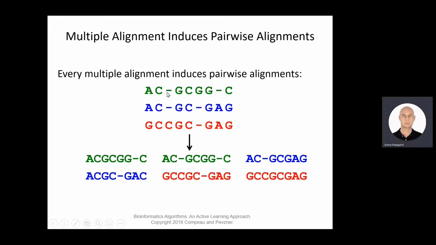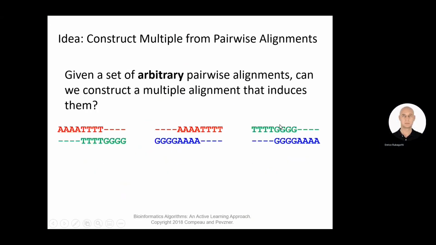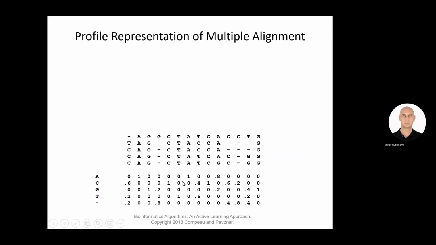I'm going to align the first one to the second one, the first one to the third one, and the second one to the third one. So we start setting arbitrary pairwise alignments and we wish to get a multiple sequence alignment.